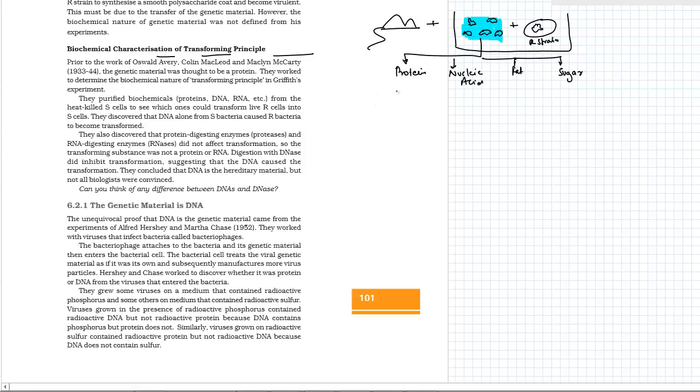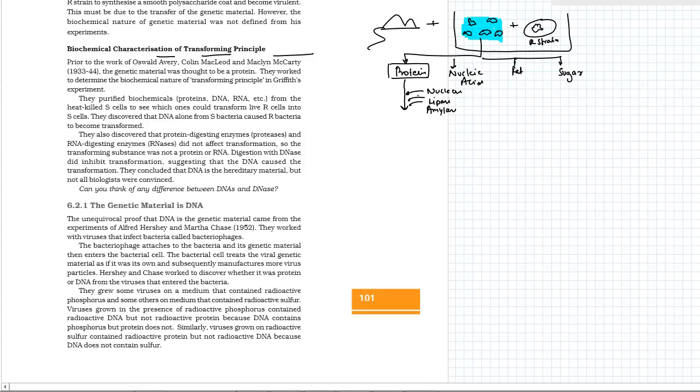So what was their strategy? If you are able to eliminate all other macromolecules and let one macromolecule survive in the reaction, you'll be able to decipher which particular macromolecule is able to convert the R strain into the S strain. When they wanted protein to survive, they added all those other enzymes like nuclease, they added lipase, and a sugar digesting enzyme like amylase.